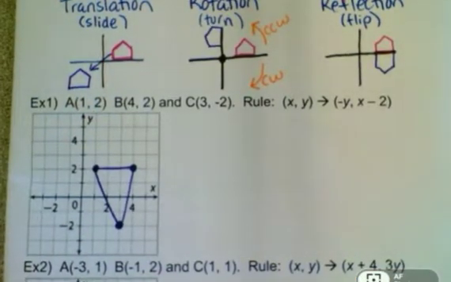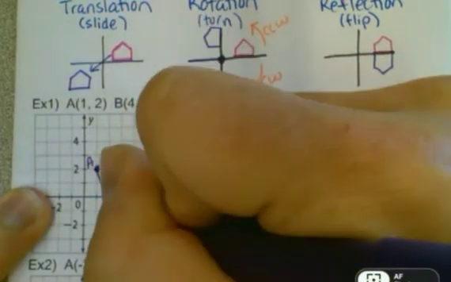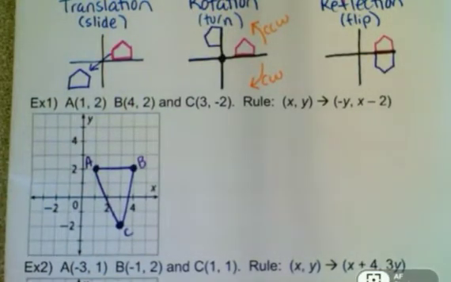So hopefully you have a triangle. I was looking for my straight edge and I can't find it, but please use a straight edge if you have one. And then it's incredibly important that you label the points A, B, and C. And remember, this is our pre-image here.